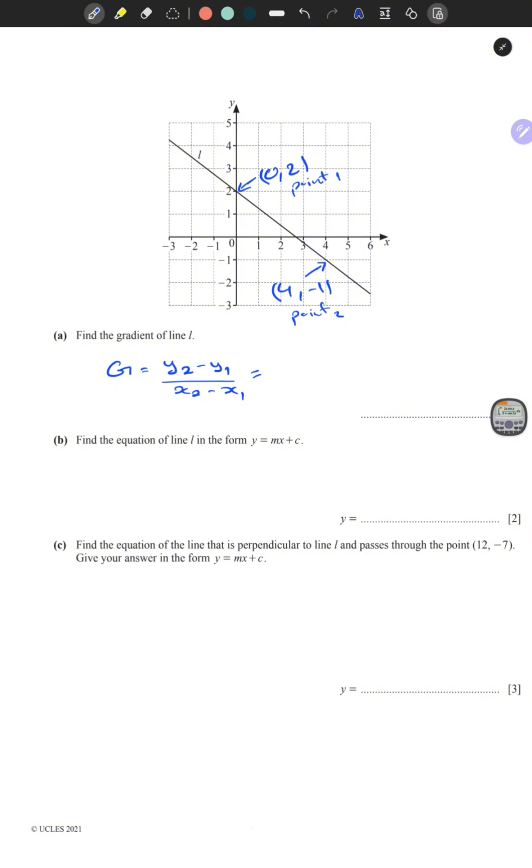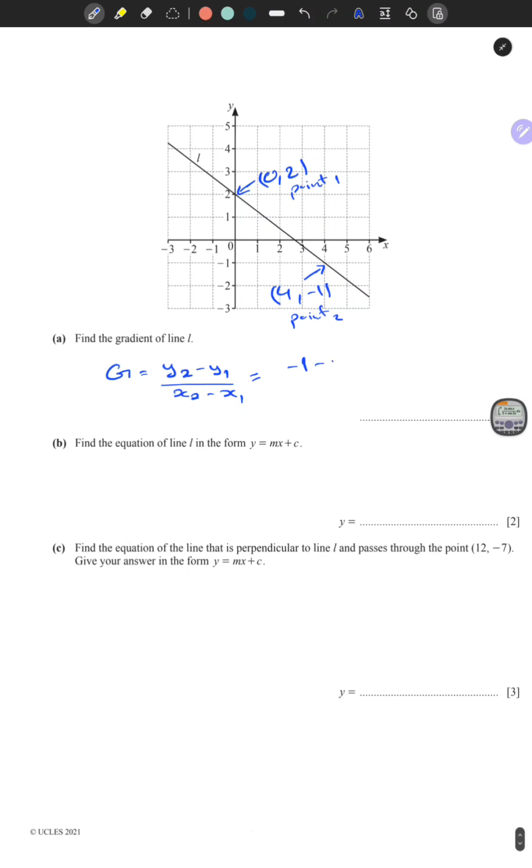So the gradient equals (-1 minus 2) over (4 minus 0). So that's equal to -3 over 4. So the gradient of this line is equal to -3 over 4.